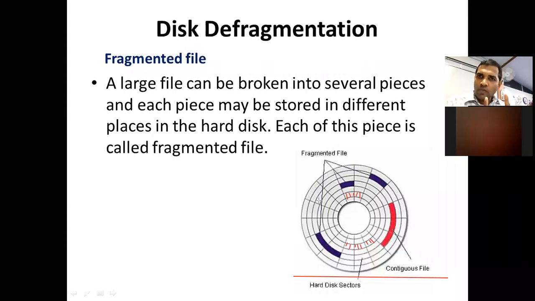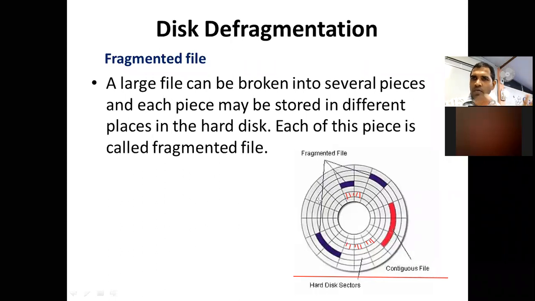So now you have to get an imagination, right? Listen to me. In that case, if you want to save a file, like a video file, now assume that your hard disk doesn't have continuous spaces. Yes, it has spaces, but they are not continuous. Now you want to save a video.